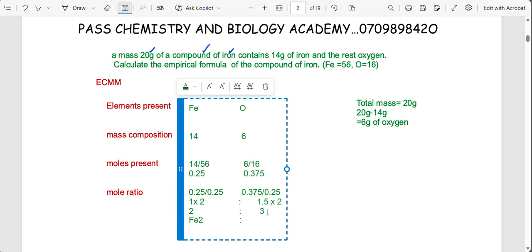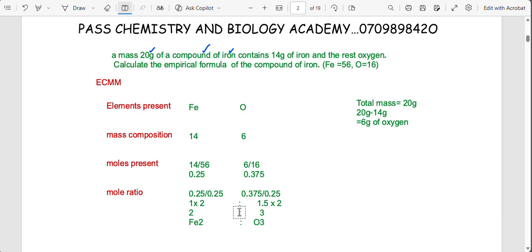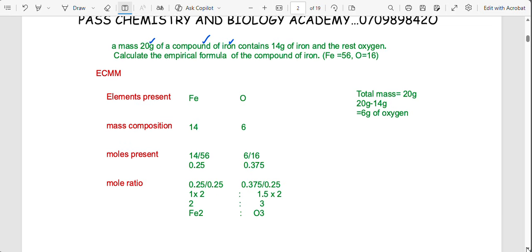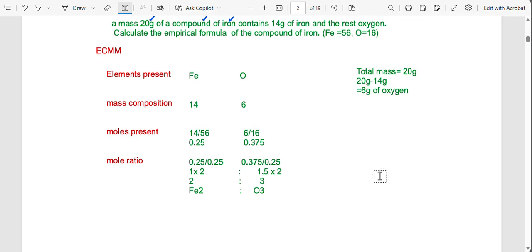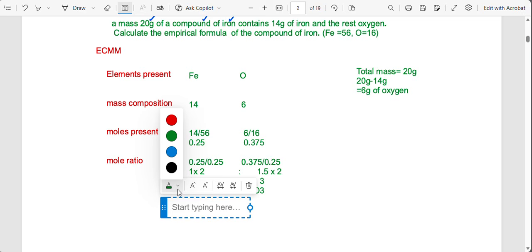Don't forget that symbol in the middle there. 1.5 times 2 gives us a 3. We are done. So you can come down here and say, on the space of iron, which is Fe, it has a 2. Then in the space of oxygen, which is O, it has a 3.